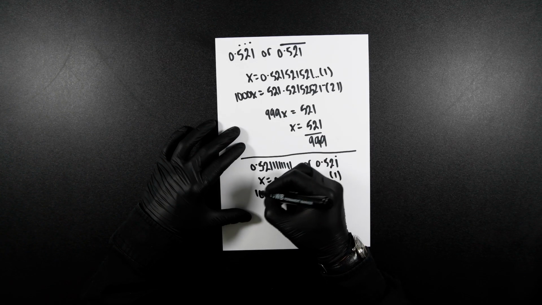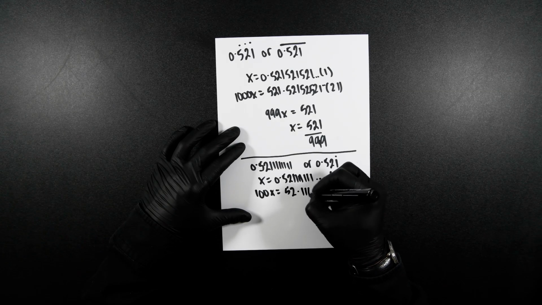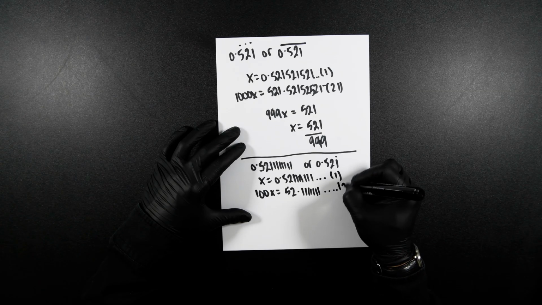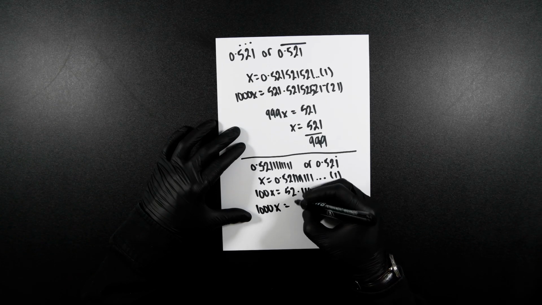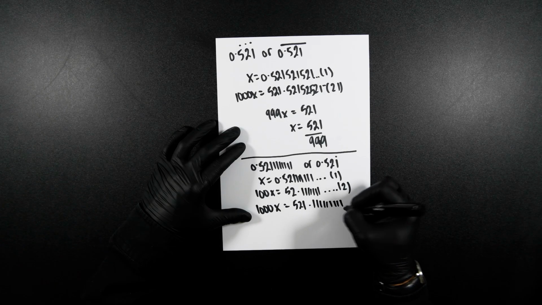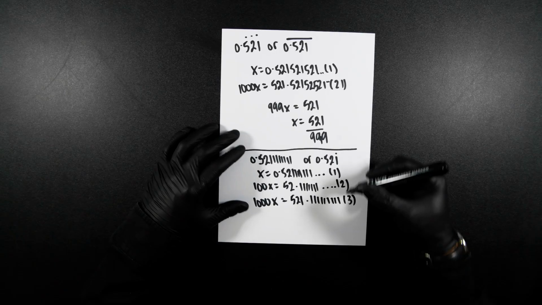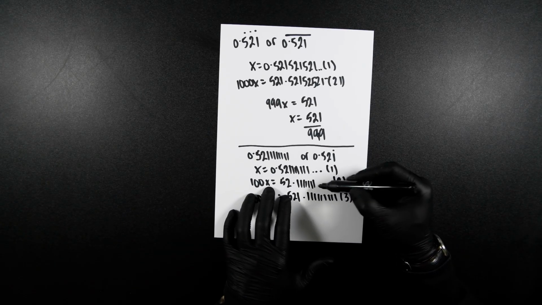If we have 100x, would equal 52.111111. That's number 2. And then what about 1,000x? 1,000x is going to be 521.1111, which is 3.